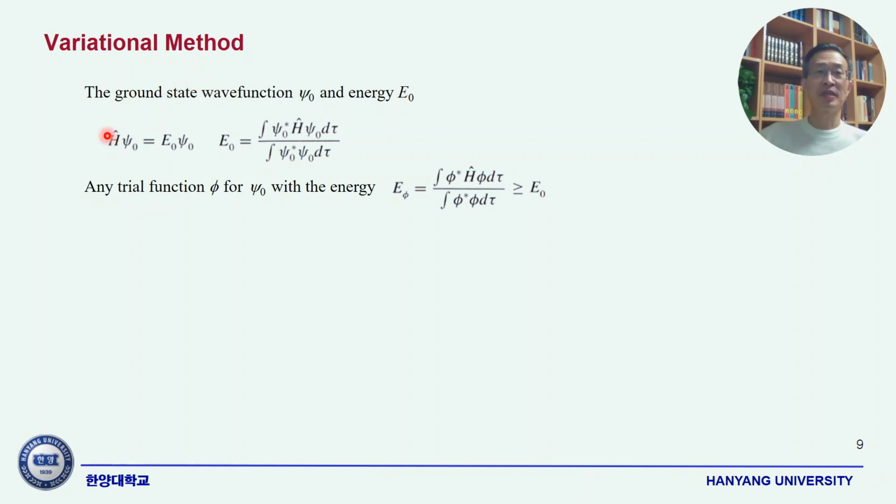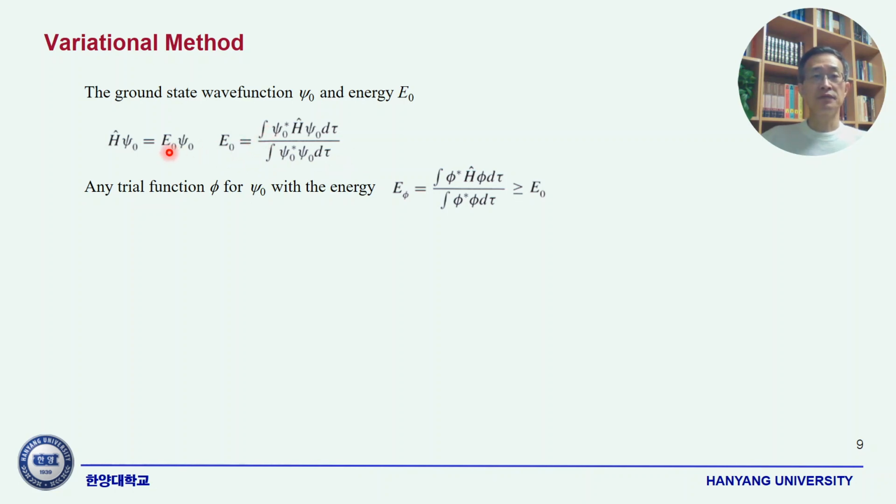The energy and other quantities you get are still very accurate, as accurate as you can. So the variational principle tells you about the ground state. Basically, you are always getting the lowest energy possible. The ground state is the lowest energy state, with ground state wave function psi naught and energy E naught. This is the relationship: H psi naught equals E naught psi naught. The energy itself is given here as the energy integral.